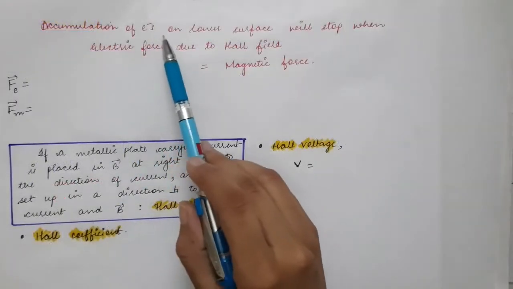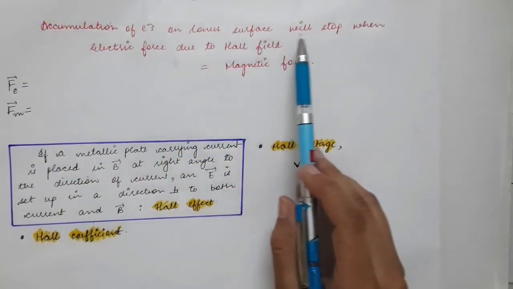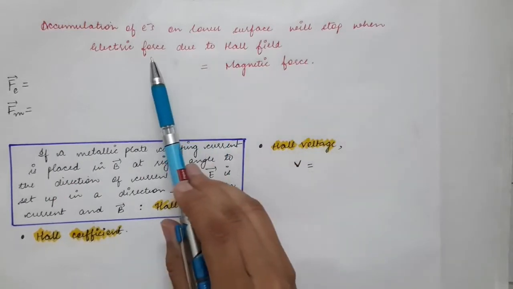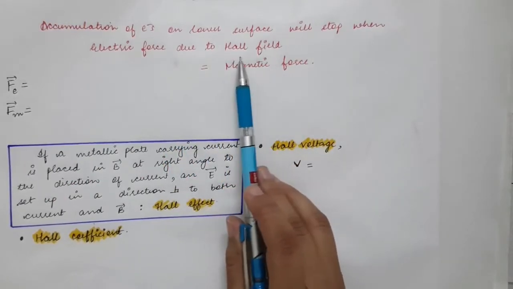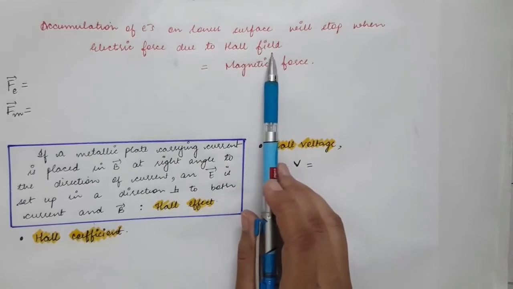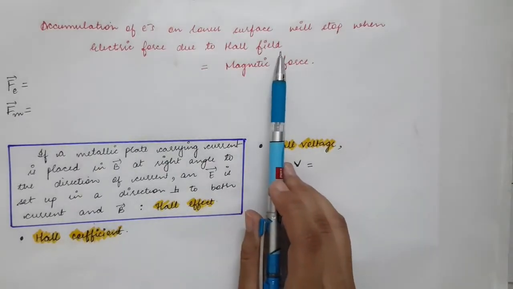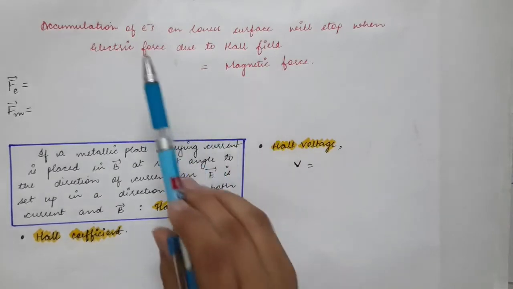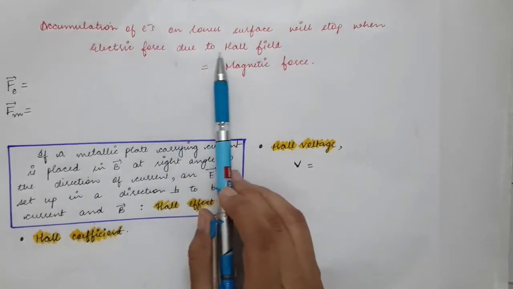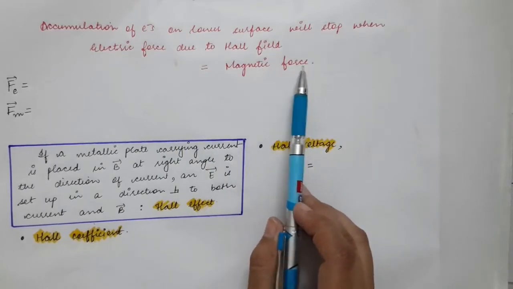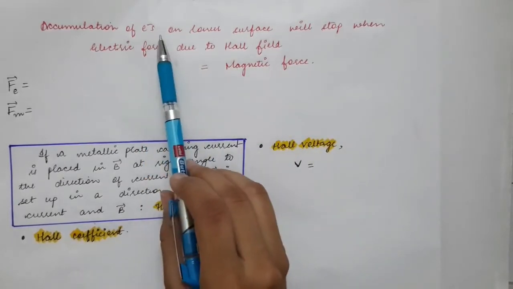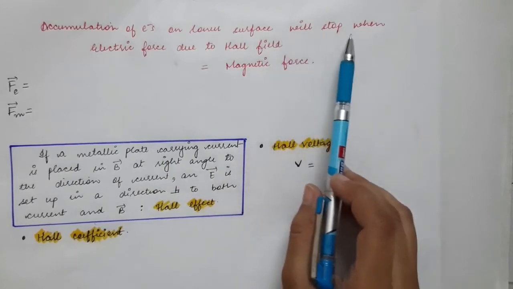So the accumulation of electrons on the lower surface will stop when the electric force due to the Hall field cancels the effect of the magnetic force. The Hall electric field is also called the Hall field, which is developed between the two surfaces of the conductor. In that case, accumulation of electrons on the lower surface will stop.